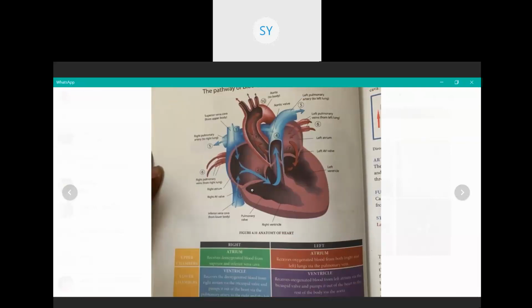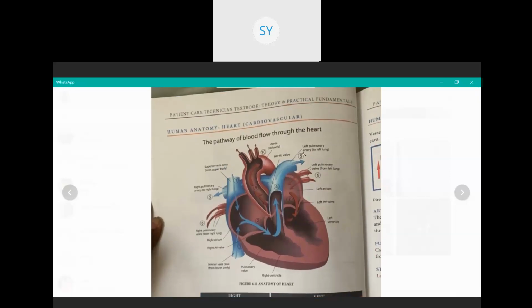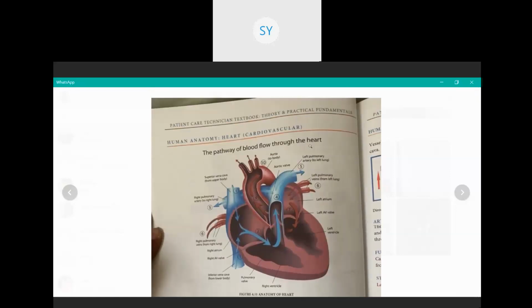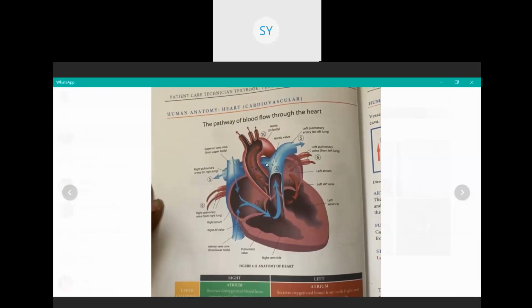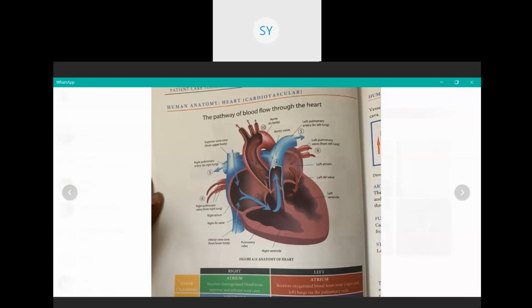We have four pulmonary veins, and this is red because it carries oxygenated blood. But the pulmonary artery, although it is an artery, carries deoxygenated blood. So these are the exceptions in the case of artery and vein.